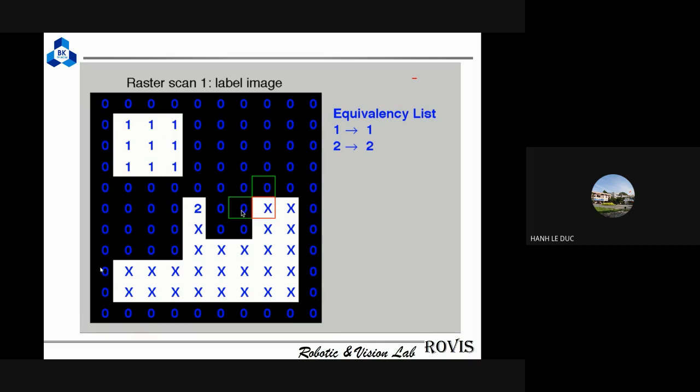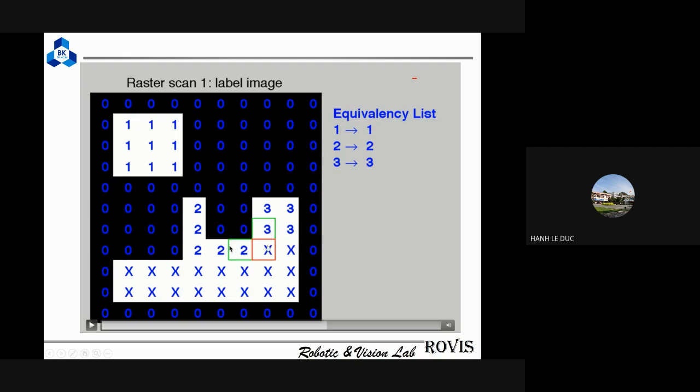And here is label three, and here is two. Here is three. Okay, so this position is special. With this connected component, the left is connected to label 2 and the up is connected to label 3. So which one do they choose? In this case, they will give the priority to the lower one.